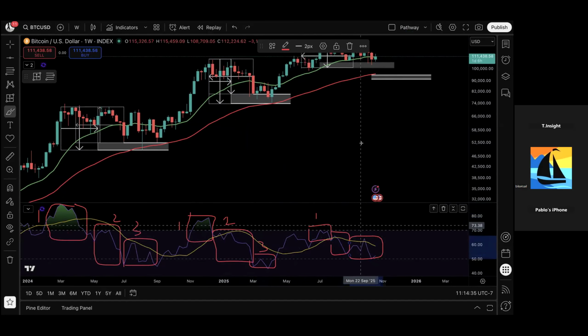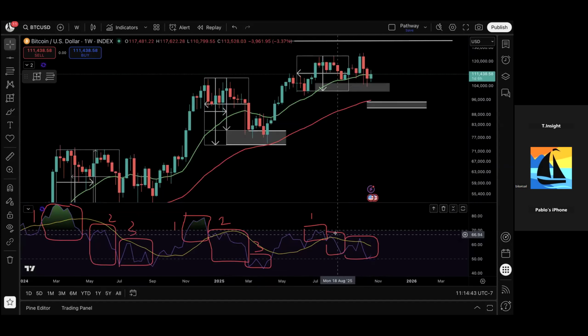Now, if it's not that, and we were to say this second bump here is all of 1, then this would be 2, and we would go into the third box.